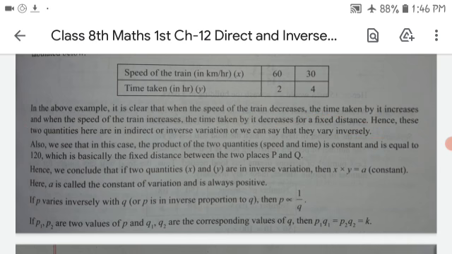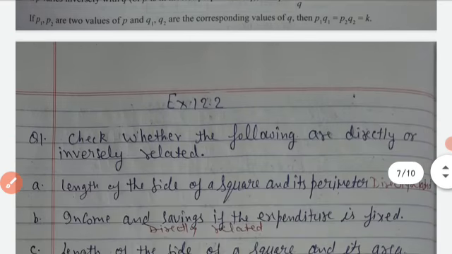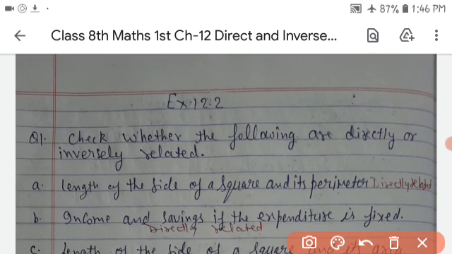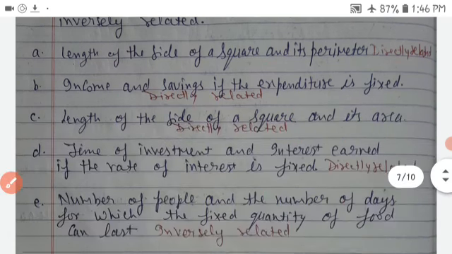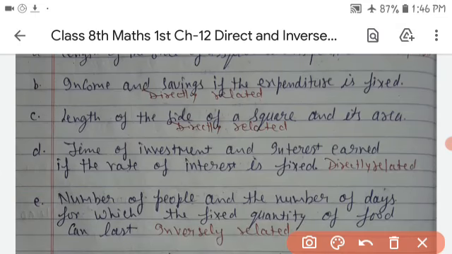Okay, children, now exercise 12.2. Check whether the following are directly or inversely related. Length of the sides of a square and its perimeter: directly related. Income and savings if the expenditure is fixed: directly related. Length of the sides of a square and its area: directly related.